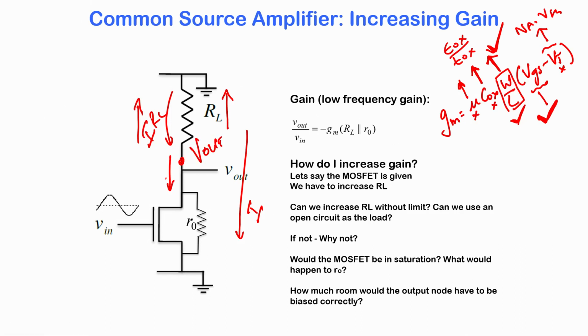And if you keep increasing RL and the voltage drops too much, then this transistor will move out of saturation and it will enter the linear region of operation.